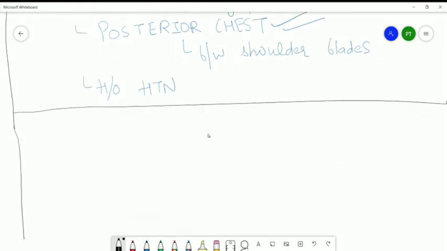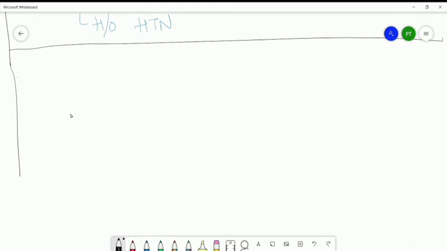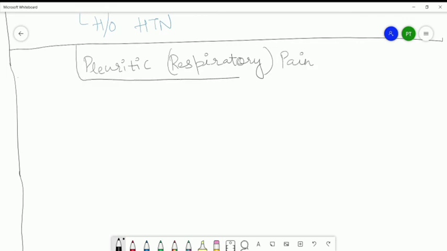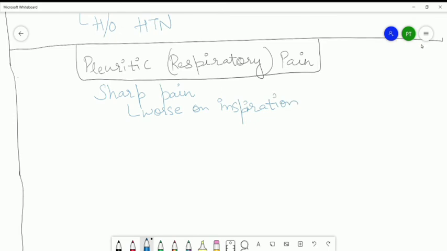Then lastly we have pleuritic or respiratory pain. So this is a sharp pain which gets worse on inspiration.